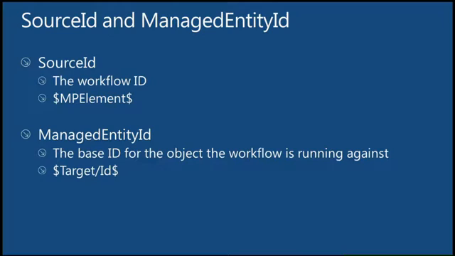That discovery targets a class, and the GUID value of that class is the managed entity ID. You access that by saying $Target/Id$. So when you create a discovery script, you're always going to pass in $MPElement$ and $Target/Id$, and SCOM will turn those into what they need to be.